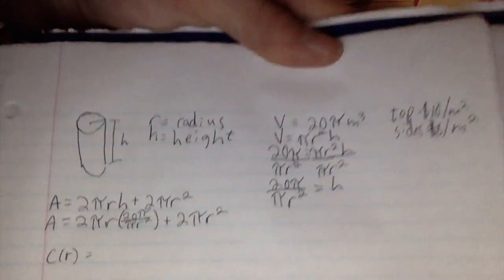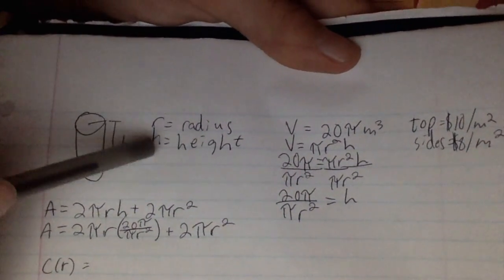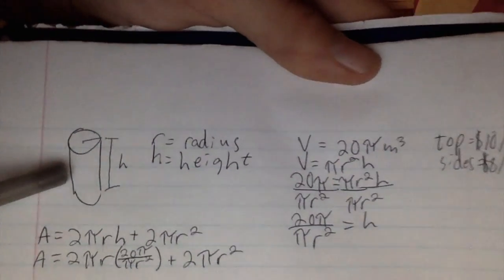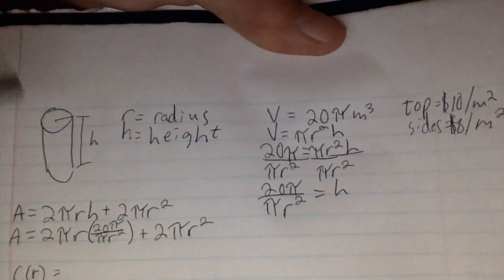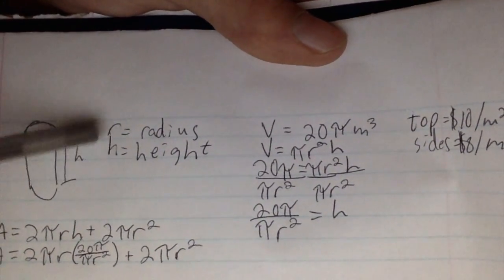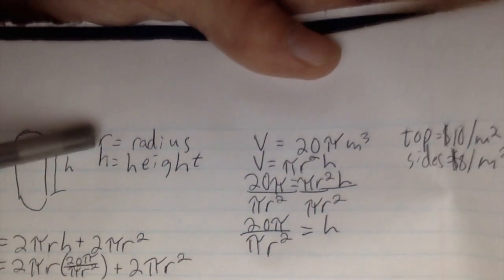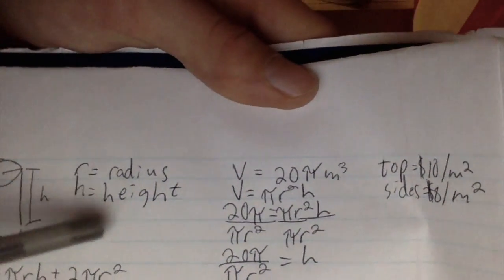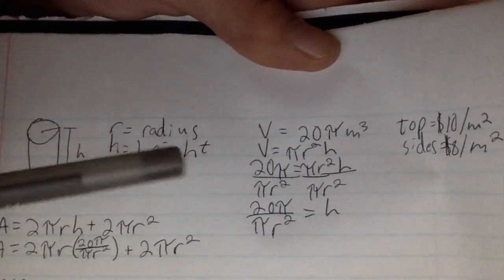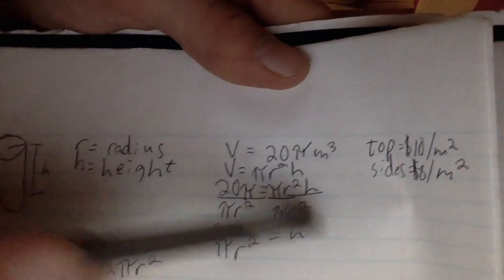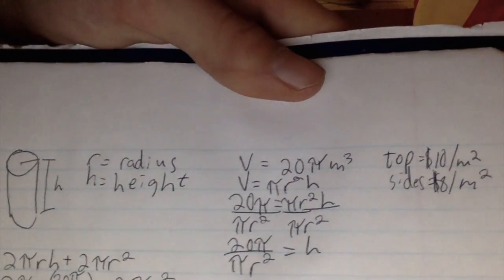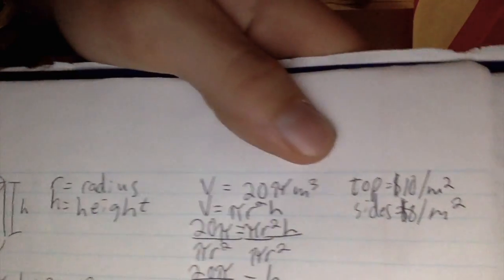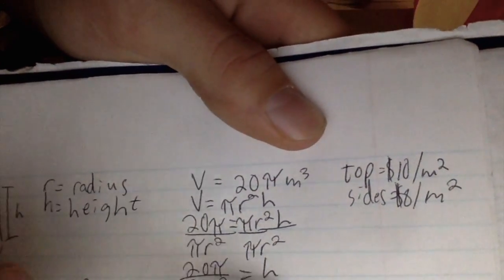So, I already kind of started this one. First we're gonna draw a picture of what the can looks like, just to get a visual. Then we're gonna write down what we're trying to find: R, which equals the radius, and H, which equals the height. They give us the volume, which is 20 pi meters cubed, so we're going to write that down.